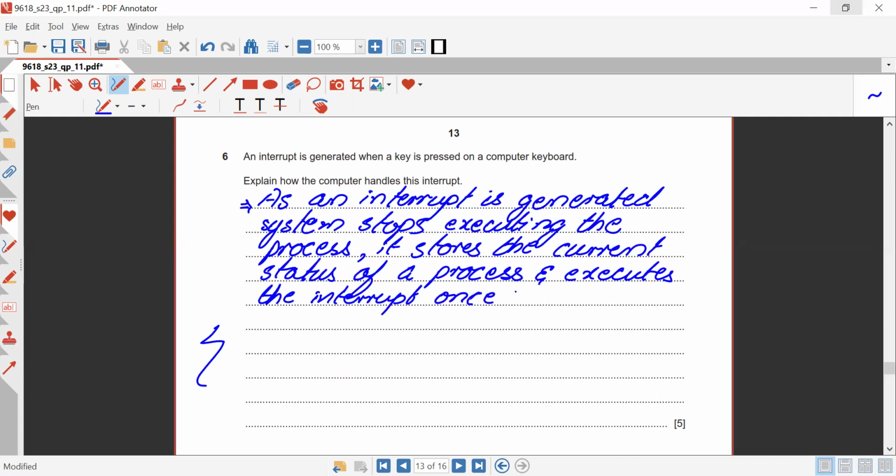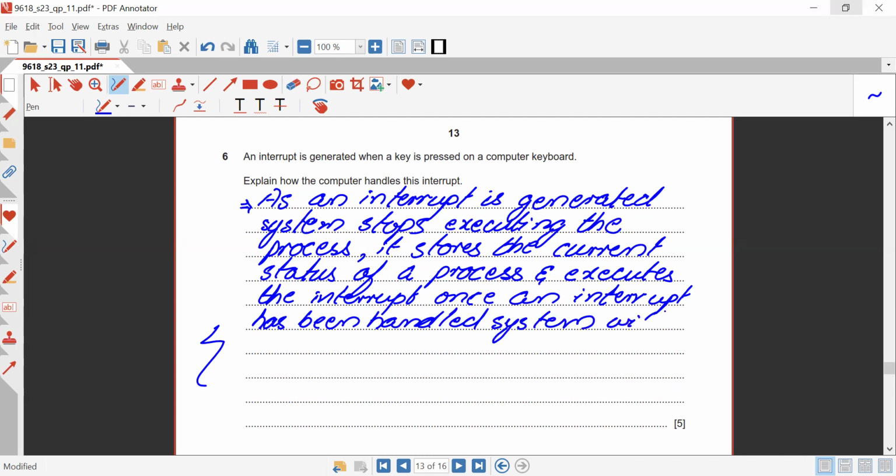Once an interrupt has been handled, the system will look for any other interrupt.